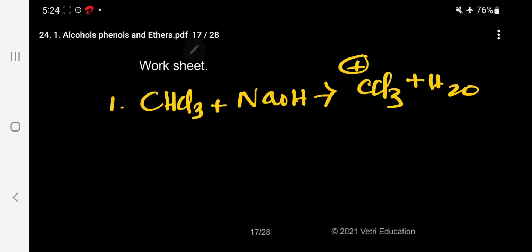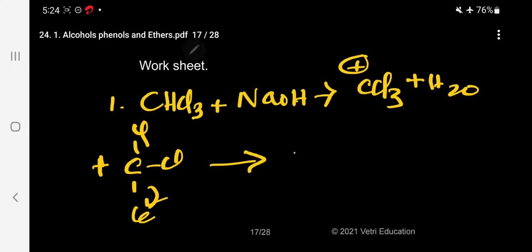The second step: the CCl3 minus eliminates a chlorine, getting neutralized, giving CCl2 plus Cl minus.